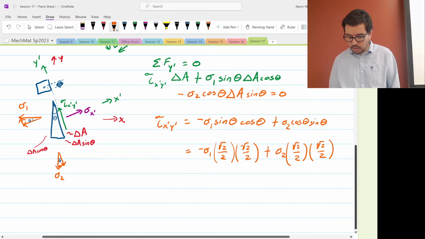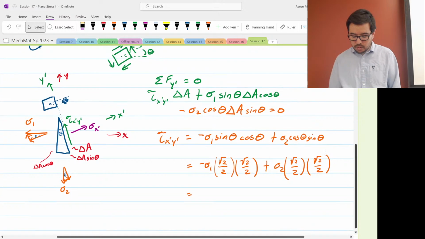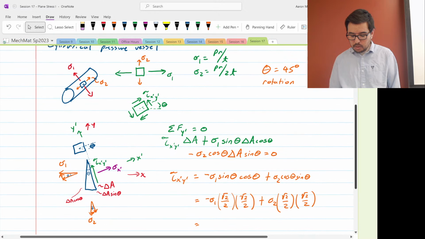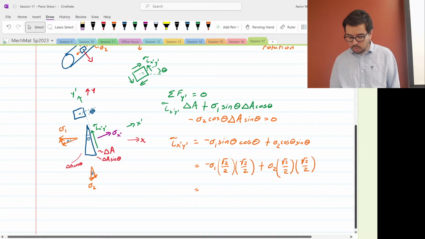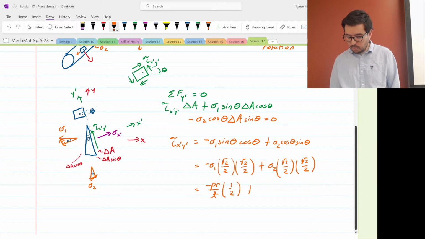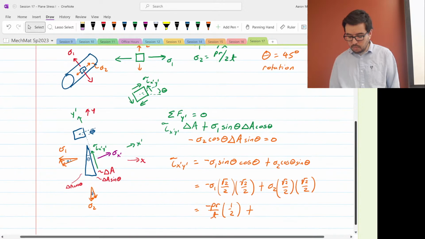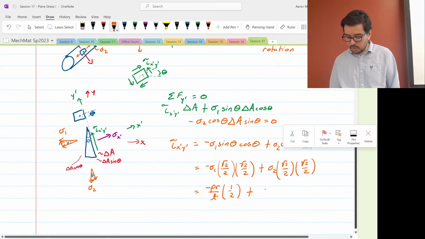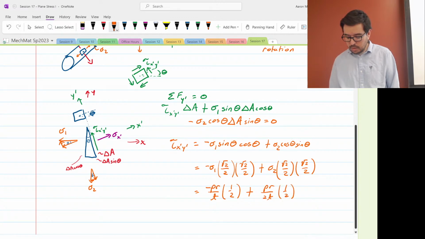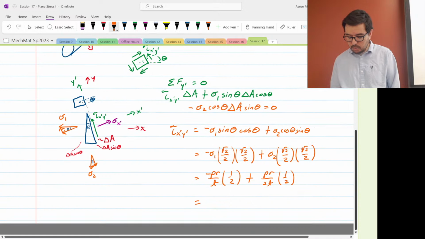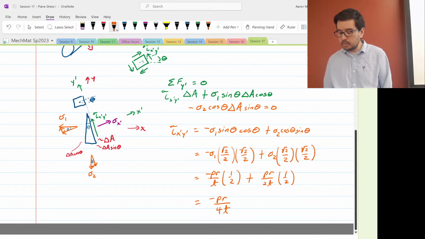And I know that sigma 1 is PR over T. So I have now minus PR over T times 1/2. And over here we have sigma 2, which is PR over 2T, times 1/2. So this ends up being equal to minus PR over 4T.